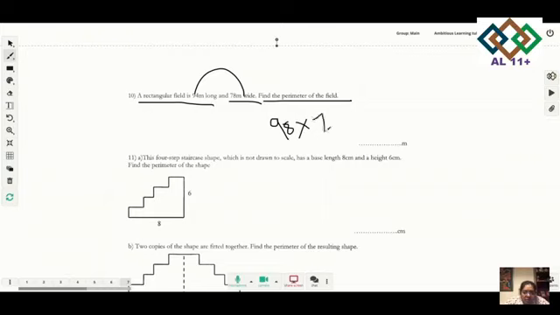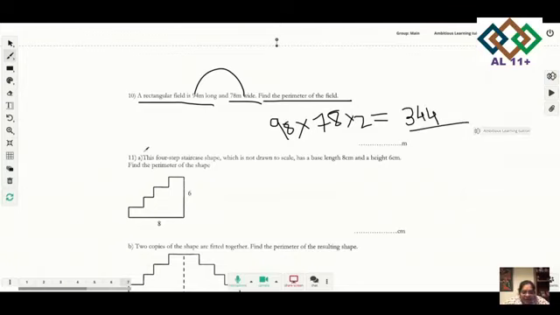94 plus 78, multiply by 2. That gives you 344 meters.